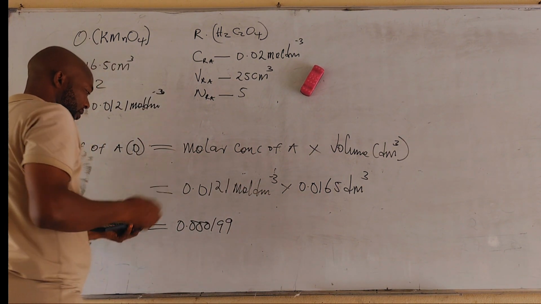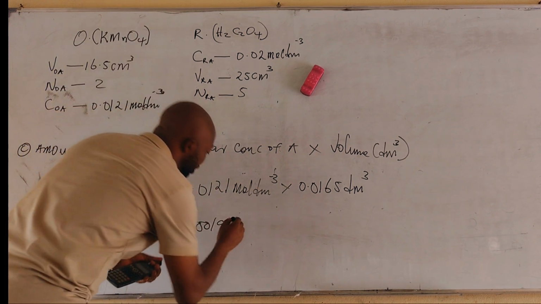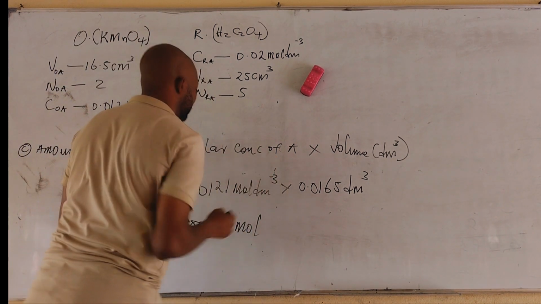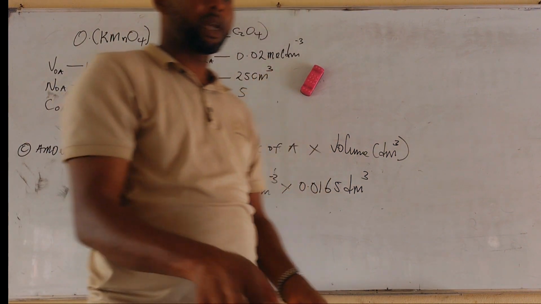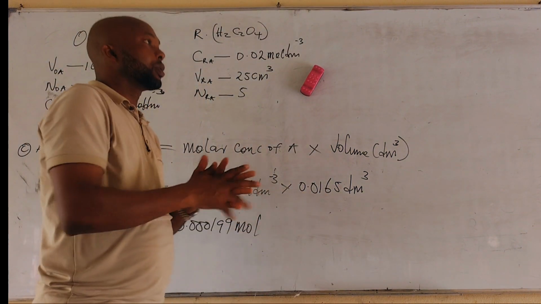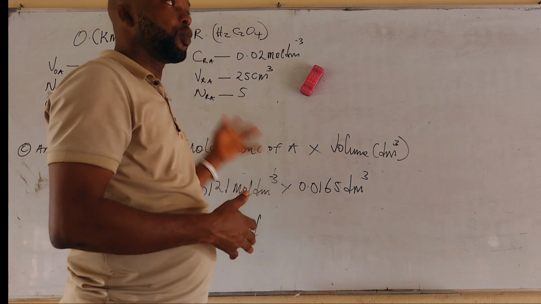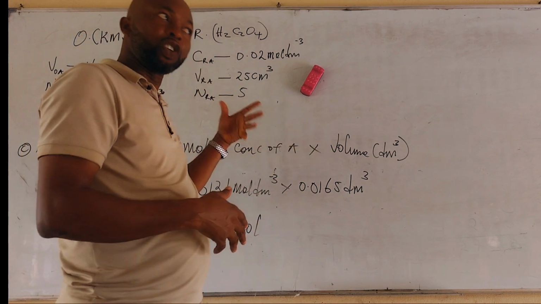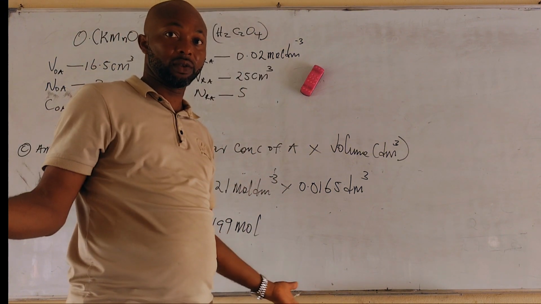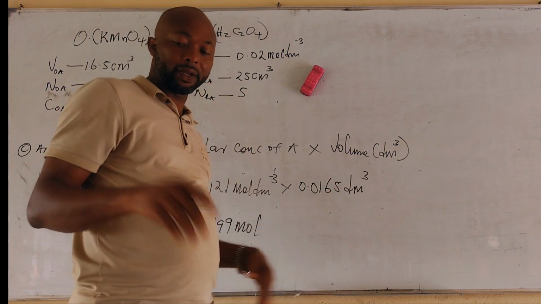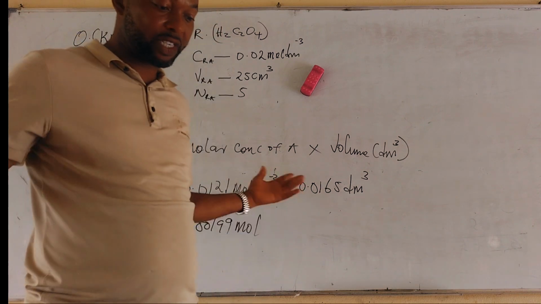So this is our amount in mole. We take another question. What I'm trying to do today is for you to see how we can solve redox questions and normal acid-base questions. I think I've solved one. Let's take more and see how we can diversify and move.